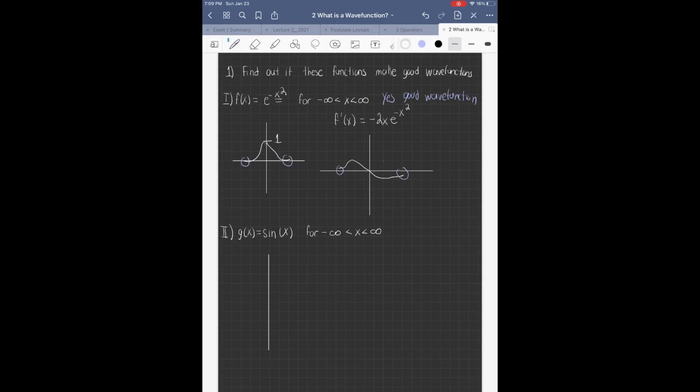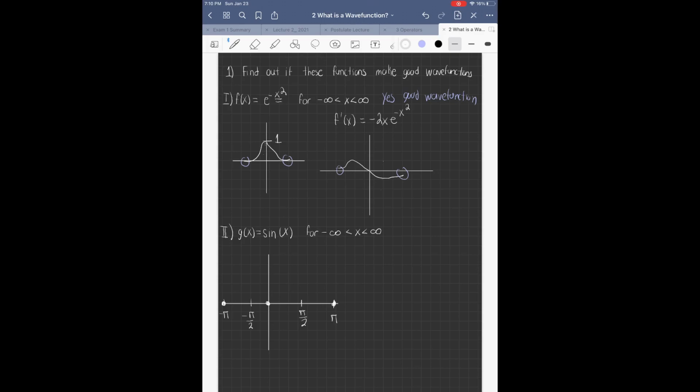Now on to the next one, which is sine of x. I would only have to graph this a few times. Let's say at pi over 2, this would be at pi, negative pi over 2, and this is at negative pi. We know that sine of negative pi and pi would be 0, and at 0 it would be 0.